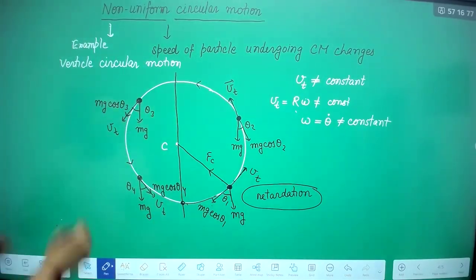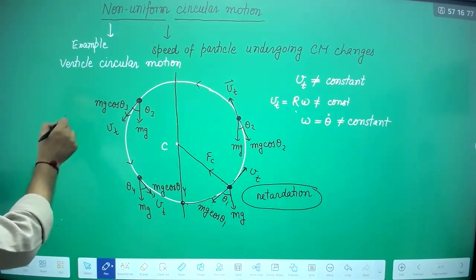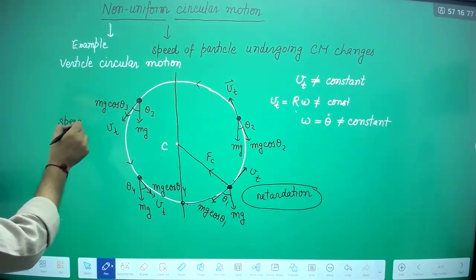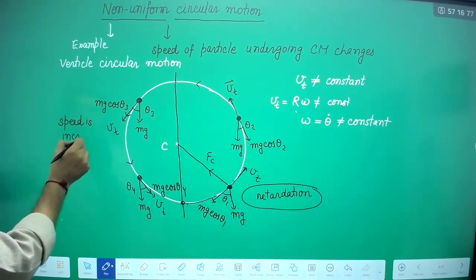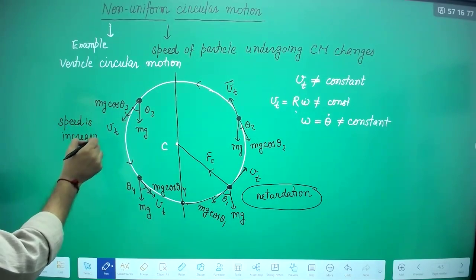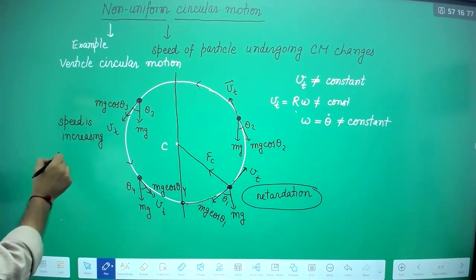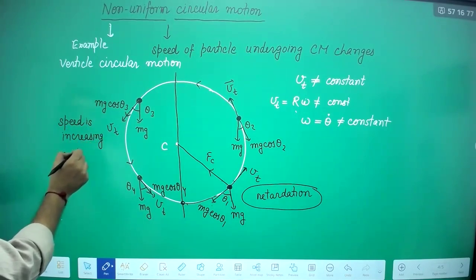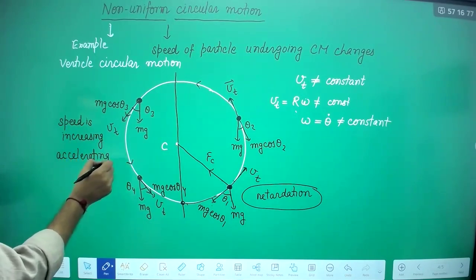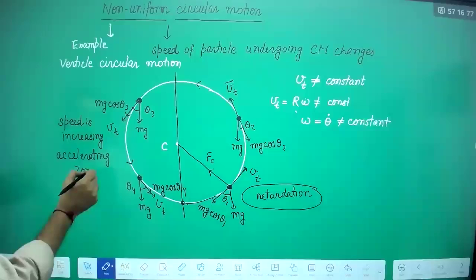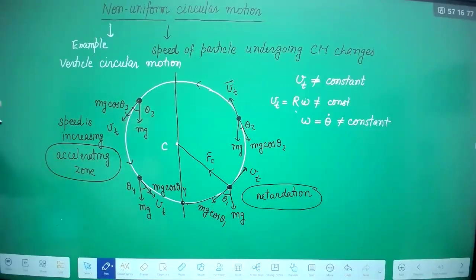That's why speed is increasing. In this zone, speed is decreasing. In this zone, speed is increasing. And this is the accelerating zone in case of non-uniform circular motion.